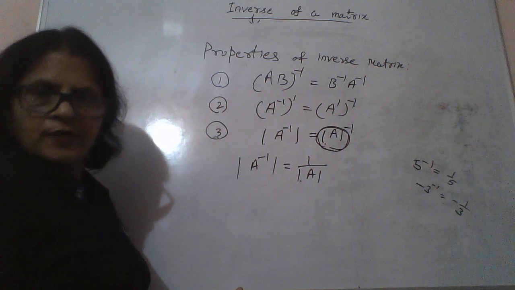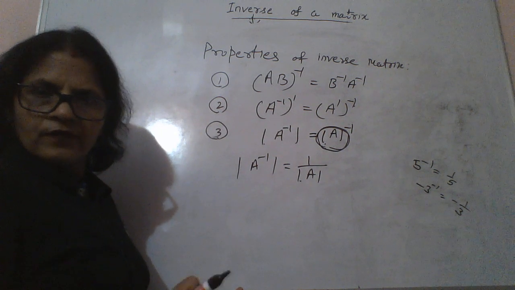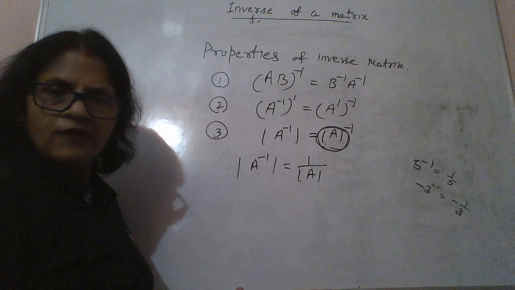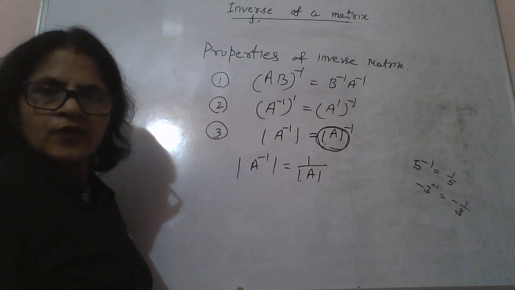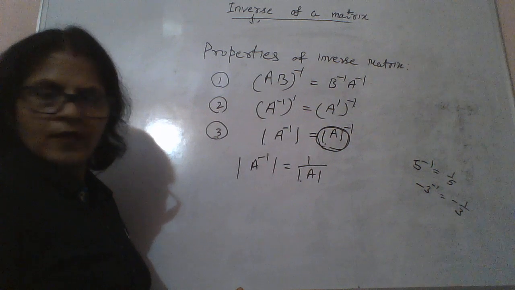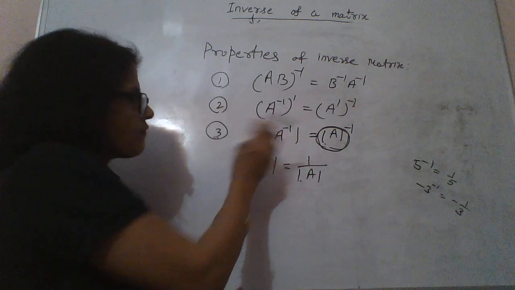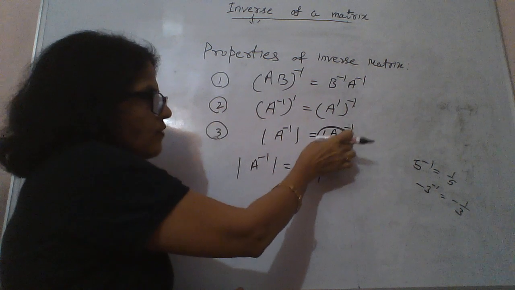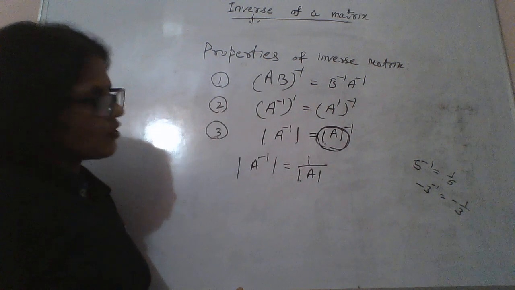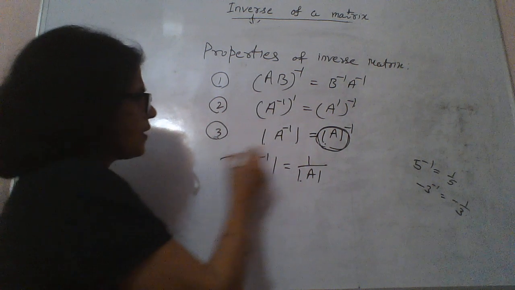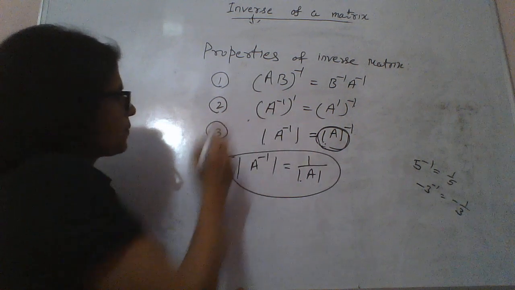Matrix is an arrangement. That's why whenever we write 5 to the power minus 1, the inverse of 5 equals 1 by 5, but we do not write inverse of A equal to 1 by A. But whenever it comes to the determinant of A inverse, it is the inverse of the determinant of A. You can verify by taking any square matrix. So this is one of the important properties.